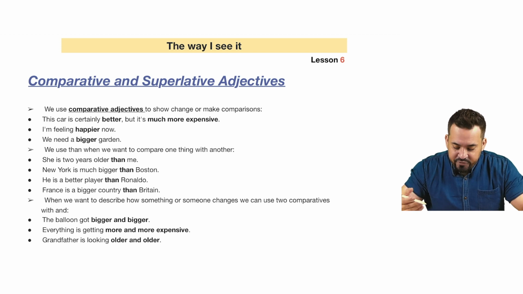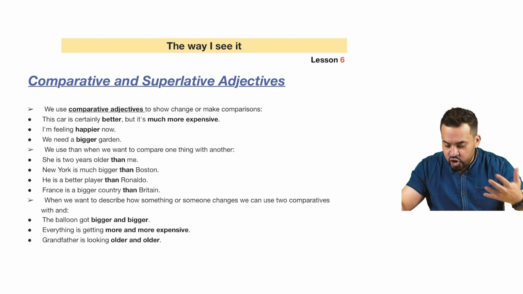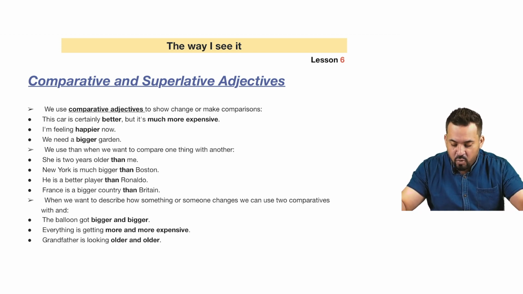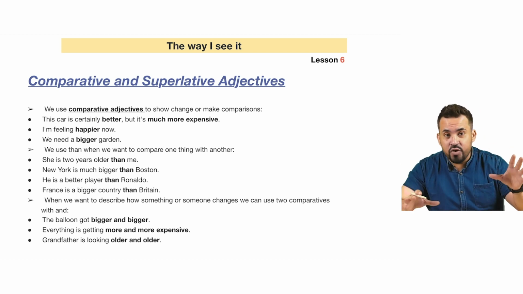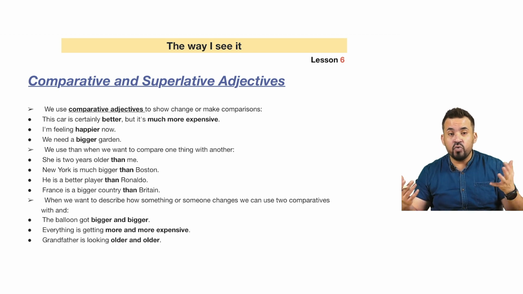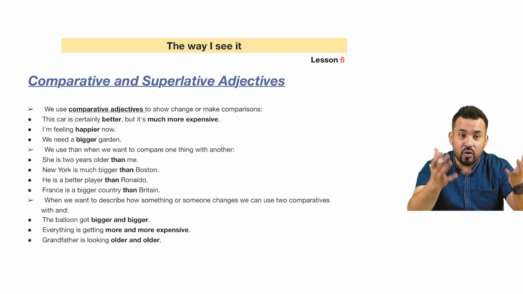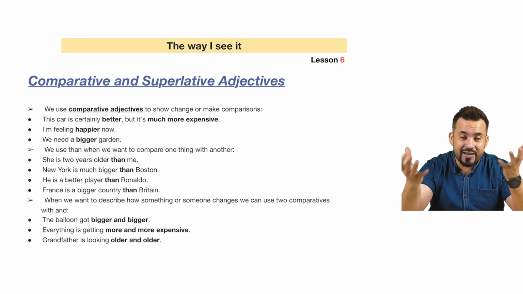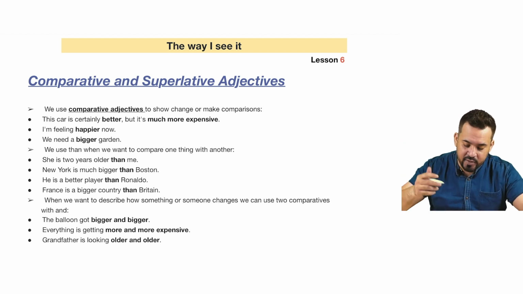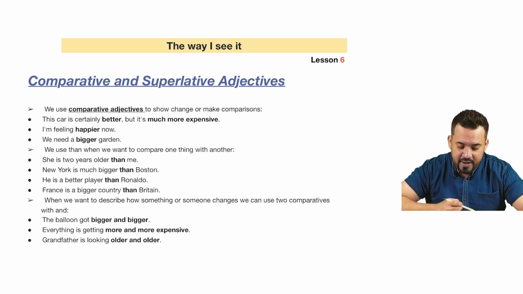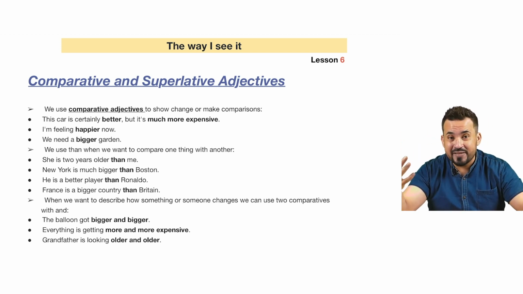So we use comparative adjectives to show change or make comparisons, okay? So we not only use the comparative adjectives to compare things, but also to show that there is a change, all right? Let's take a look at some examples. This car is certainly better, but it's much more expensive.